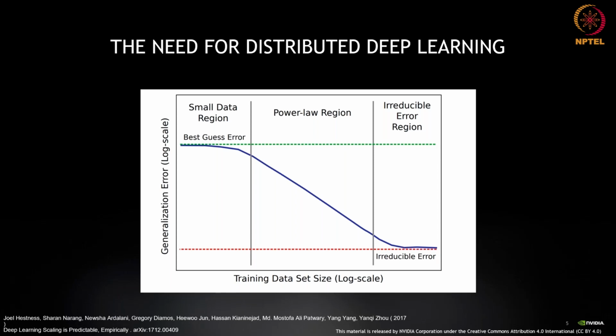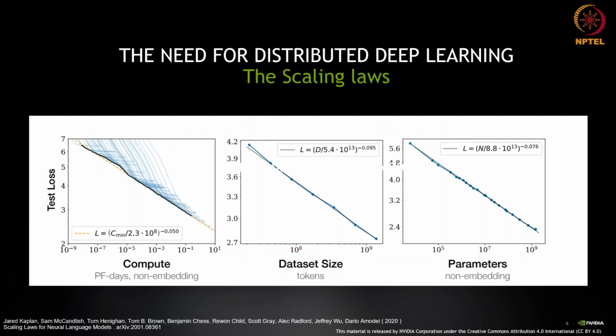This increase in the dataset size also comes with an increase in compute power required for convergence. And that is what is also shown in the next couple of slides. What you are seeing in this particular slide is the scaling laws. In this paper, the scaling laws of neural language models, there is a linear relationship on the compute requirements with increase in the model parameters and size of dataset.